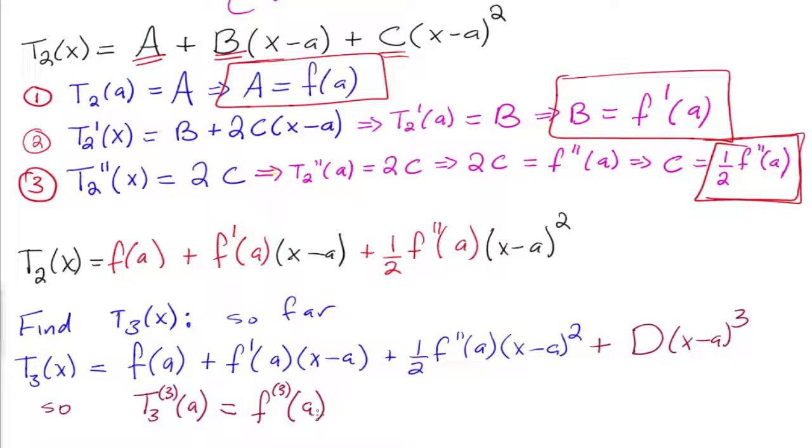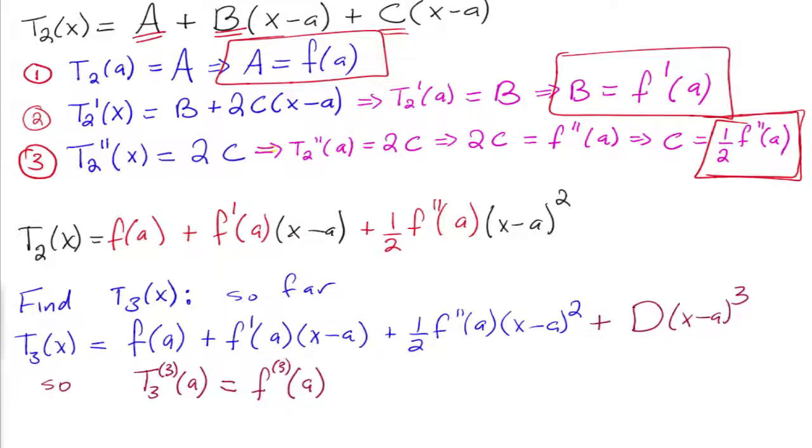So the question is, what is that d there? So let's find the third derivative of T3. Notice what happens: when I get the first derivative, what happens to the first term?